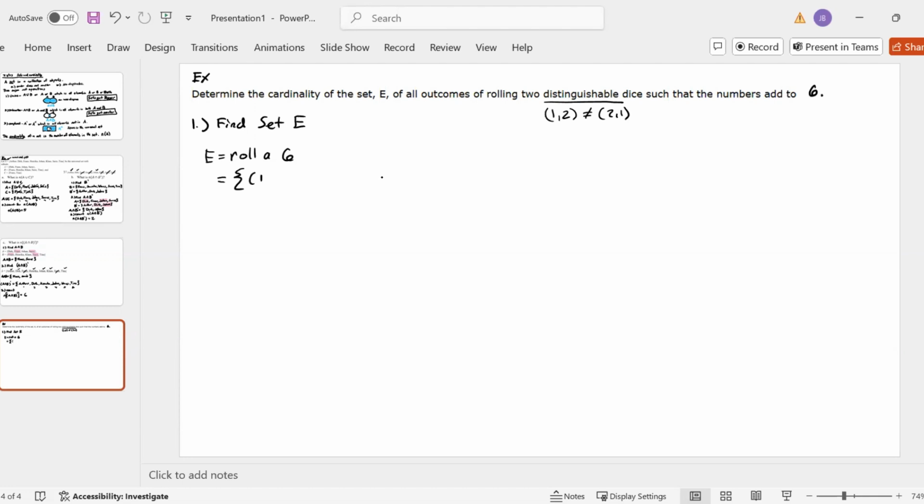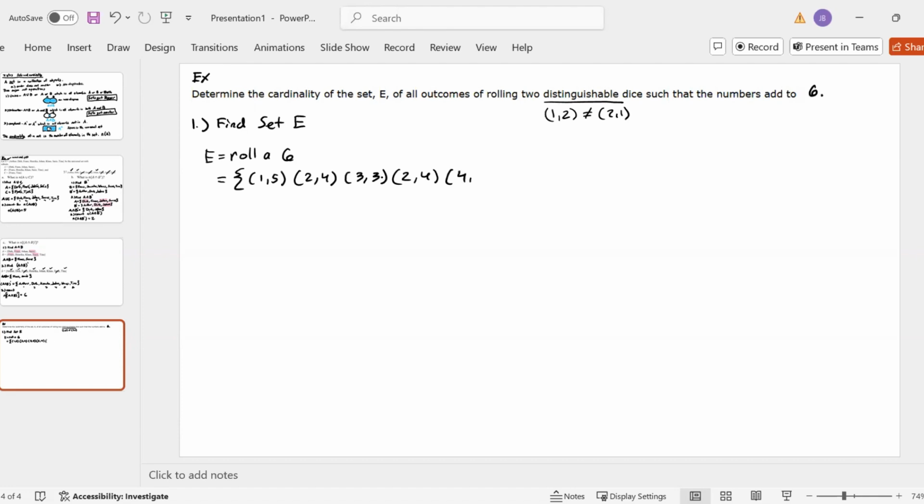So the first one I think of is 1 comma 5 because 1 plus 5 is 6. Then 2 comma 4 and then 3 comma 3. Okay. And then 5 comma 1. I need 4 comma 2. Actually, I went the wrong way.